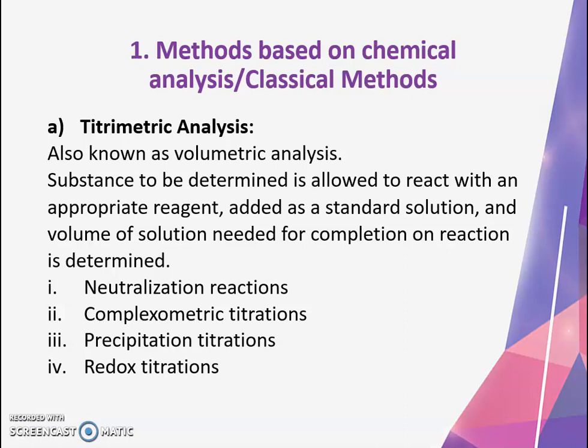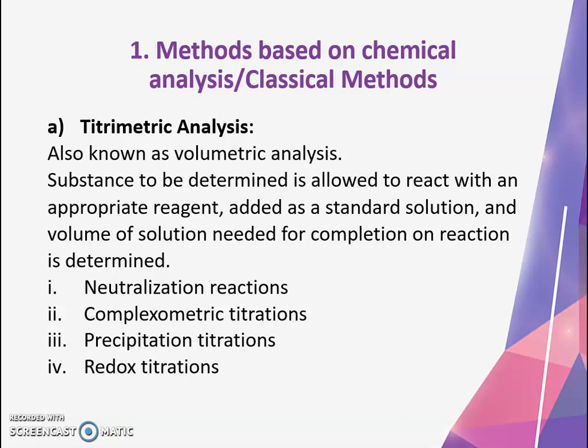If the sample is acid or base, it can be analyzed with the help of neutralization titrations. If the samples are heavy metals, they can be determined with the help of complexometric titrations. Not only heavy metals but the metals which are able to form complexes like calcium, magnesium, sodium, they can be determined with the help of complexometric titrations.